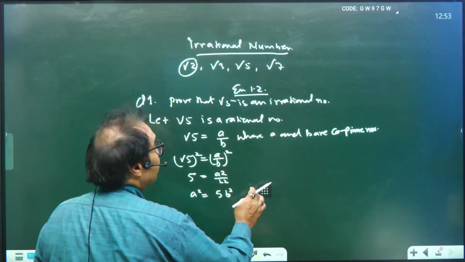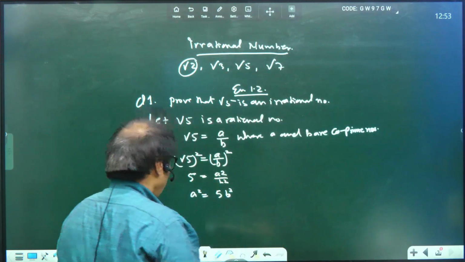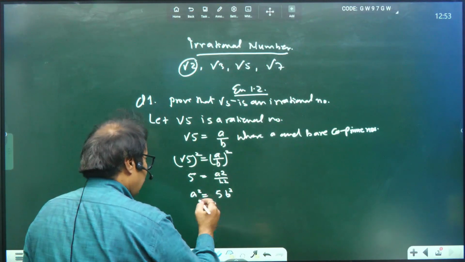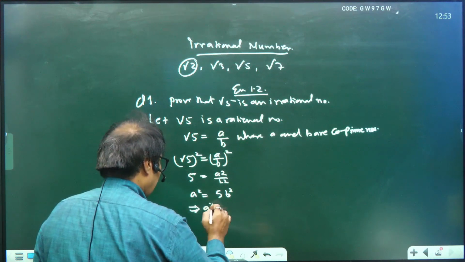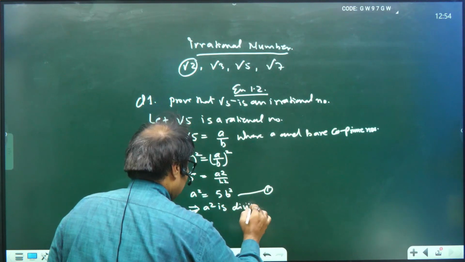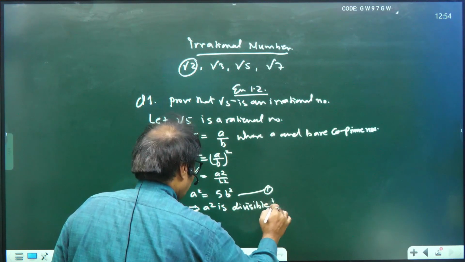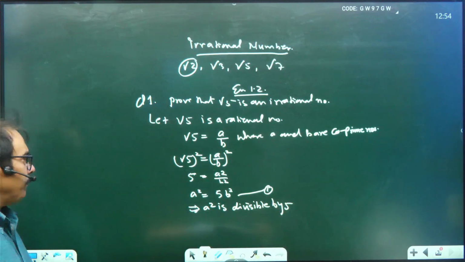It means that a square is divisible by 5, right? A square is divisible by 5.